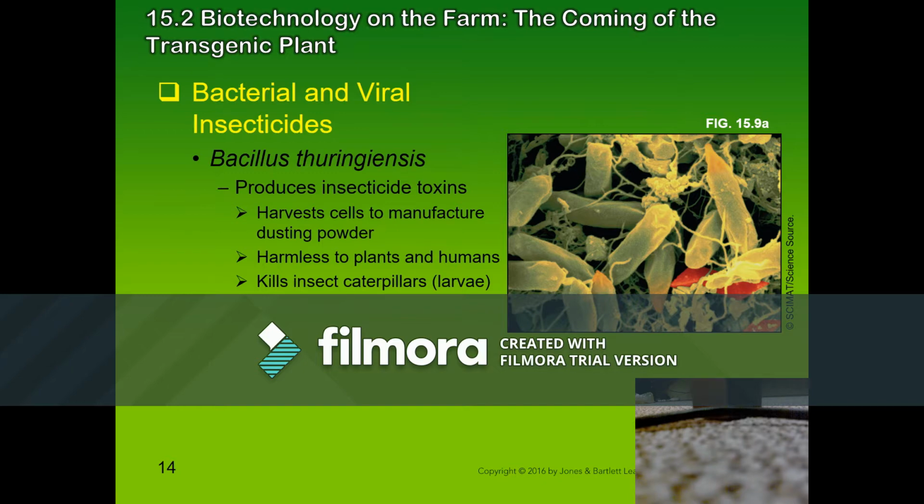They're very specific in that they're only killing the caterpillars of the insects, and that's generally when an insect will be able to eat the most and damage the plant the most, when it's a larva.